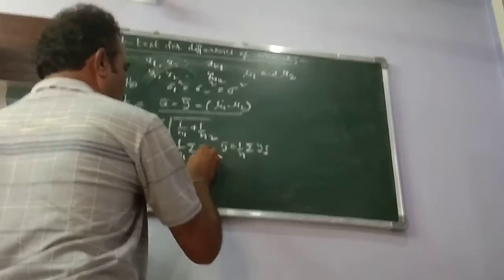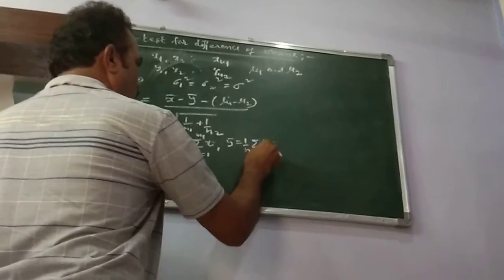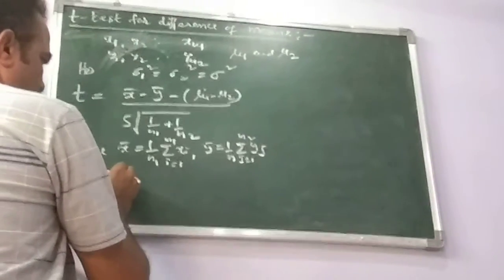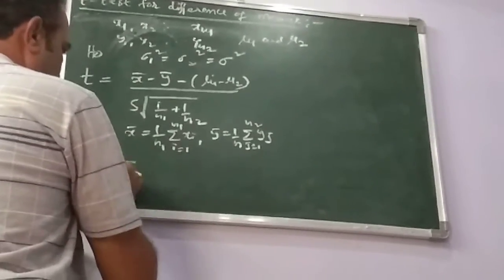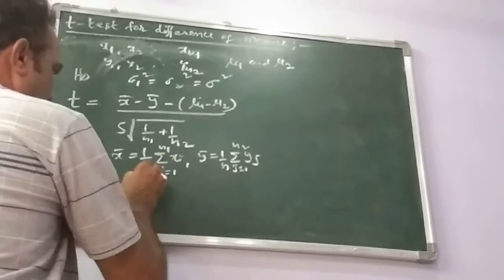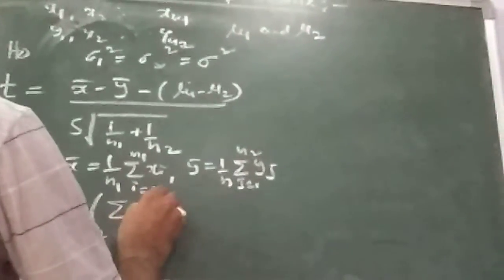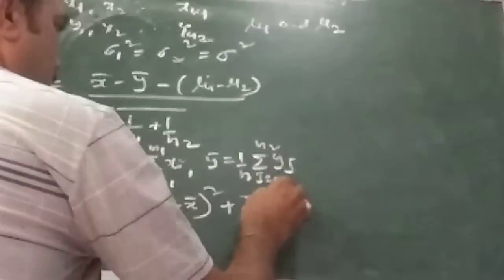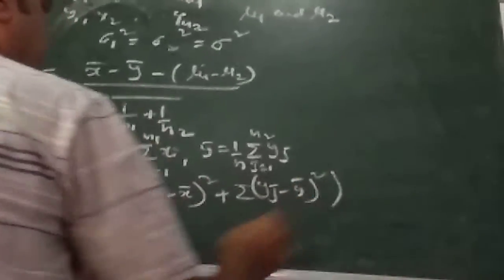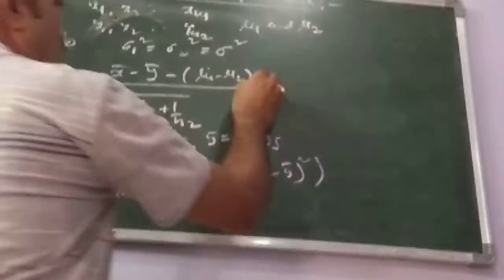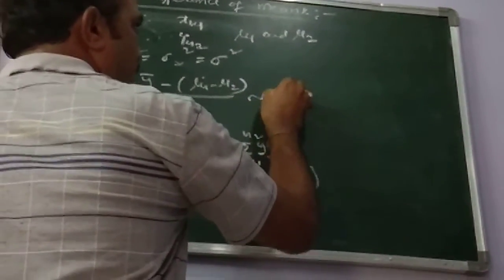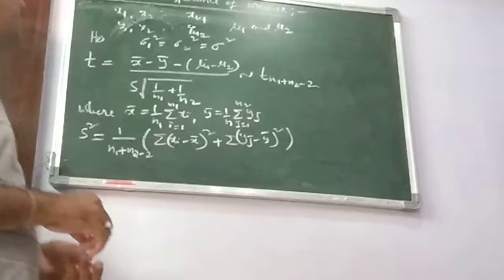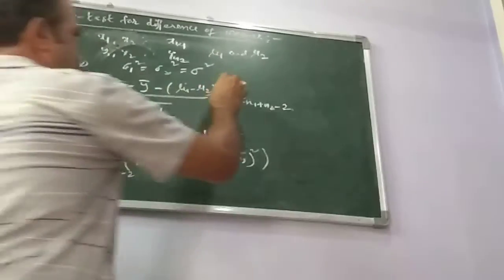Here i goes from 1 to n1 and j goes from 1 to n2, and S square is the combined sample variance. The formula is S square equal to 1 by (n1 plus n2 minus 2) times [summation of (xi minus x bar) whole square plus summation of (yj minus y bar) whole square]. This follows a t distribution with n1 plus n2 minus 2 degrees of freedom. So this is the test statistic formula for the t-test for difference of means.